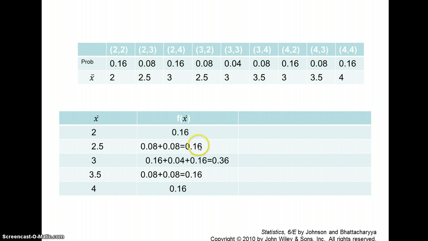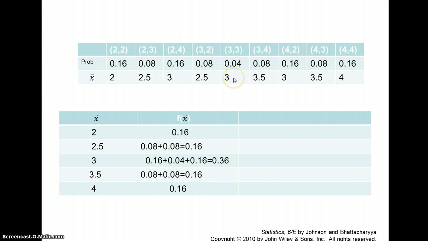Together we got a 16% chance of getting an average 2.5. So it doesn't matter if it's 2, 3 or 3, 2. The average is always 2.5. So the chance of getting an average 2.5 for your sample is 0.16, which is 16%.